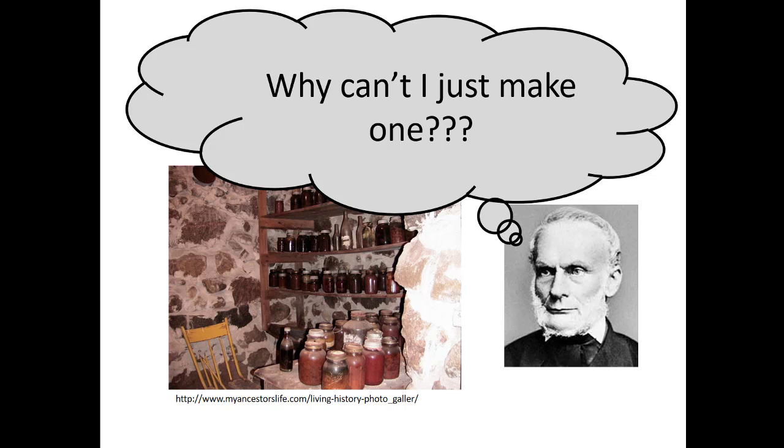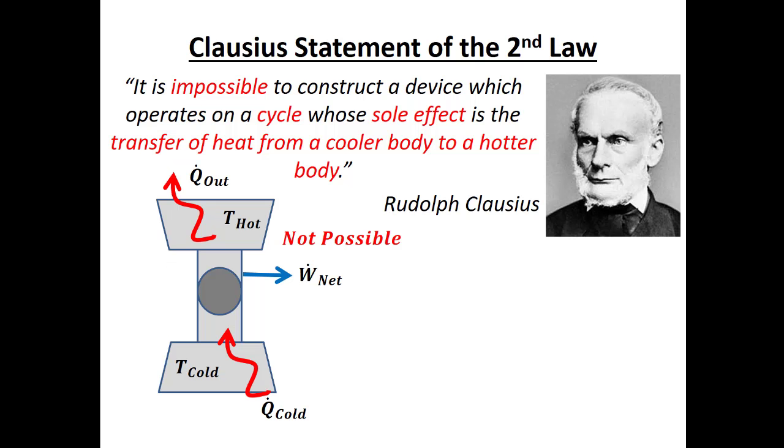Ideally, something as big as a room, but what if it was just a small area like a refrigerator? So can we make a machine that keeps a space cold? Because if we could, then we could put food in there and keep it cold. So Clausius's statement of the second law, and again, I said this when we first introduced these, I'm not a huge fan of the text of these statements of the second law.